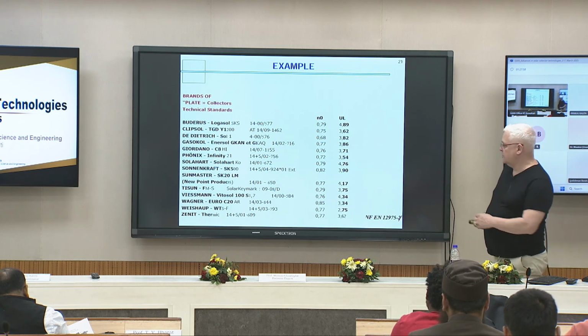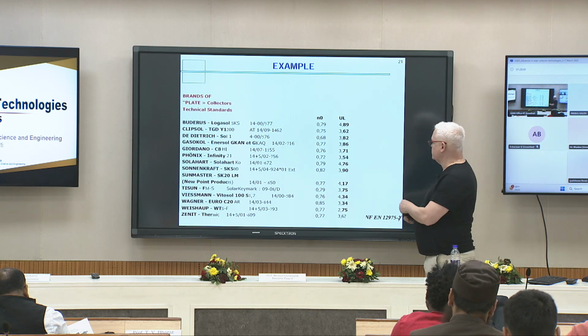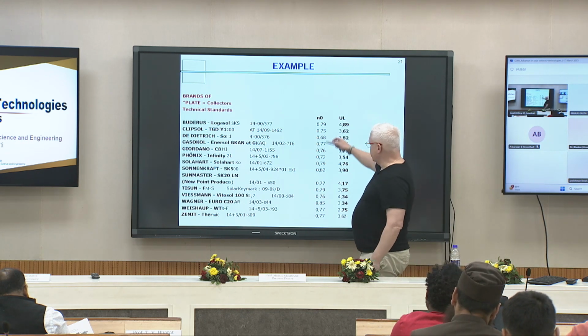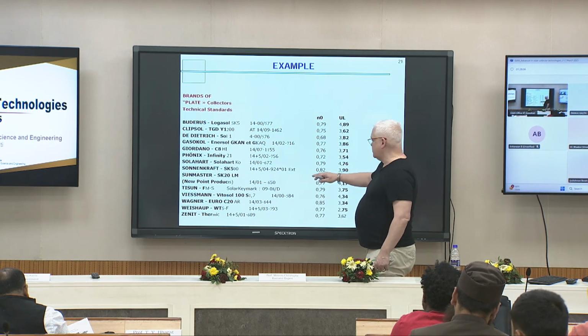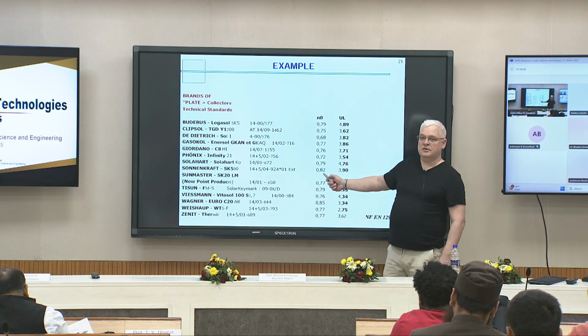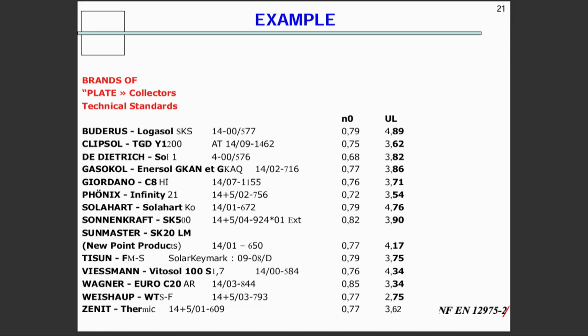some examples and some coefficients, so you can directly see which collector has a very good optical 0.82 compared to the other. This one is very well, okay?